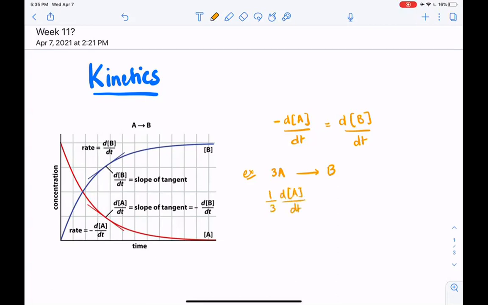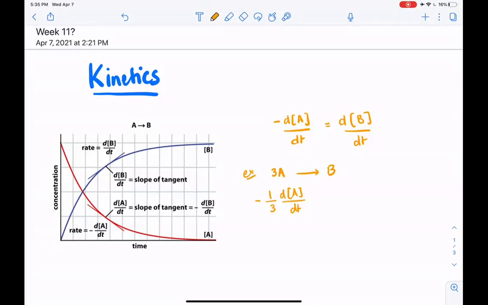And the reason we account for stoichiometric coefficients in a rate equation is that intuitively we can see that we need 3 molecules of A to make B. So the rate of making one molecule of B is equivalent to the rate of using up 3 molecules of A. So those rates are equivalent.